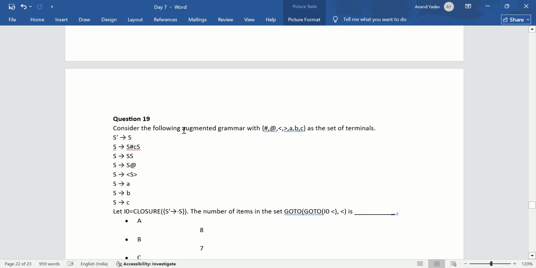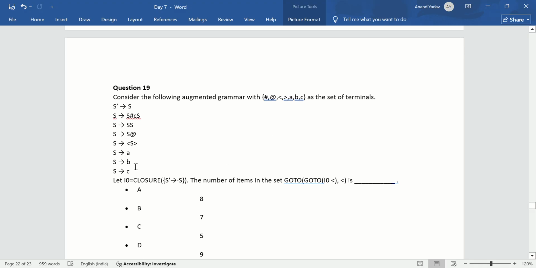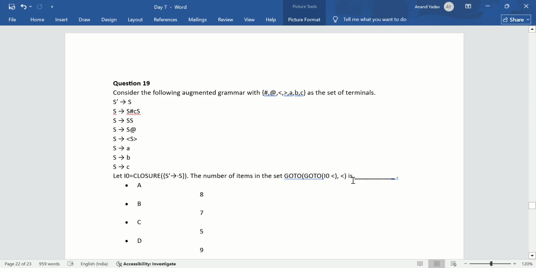Now next one is question 19. Consider the following augmented grammar. There is a terminal and these are the productions. Let I0 be the closure of the S' production, S' → .S. The number of items in goto(I0, ...) is asked.